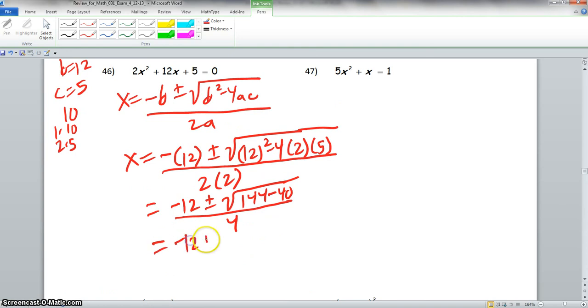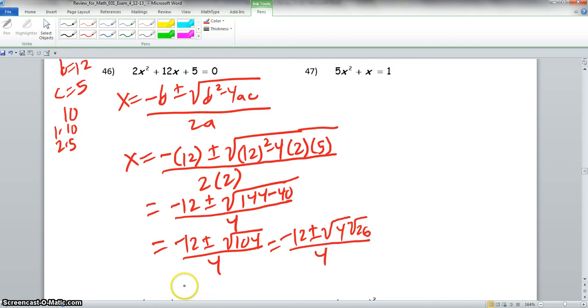So we would have negative 12 plus or minus the square root of 104 all over 4. Now we have to look at what is the highest perfect square that we have in 104, which would be 4. So it'd be negative 12 plus or minus the square root of 4 times the square root of 26 all over 4.